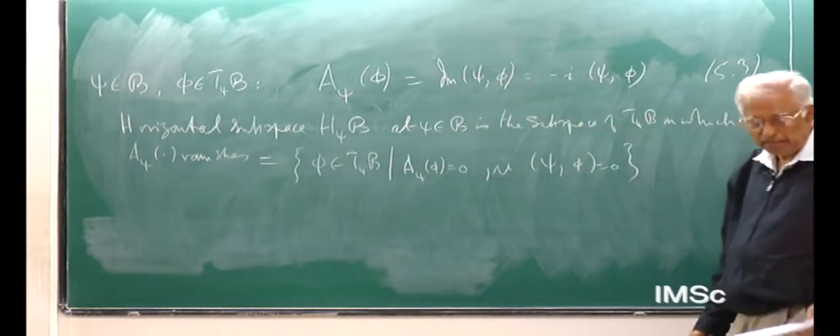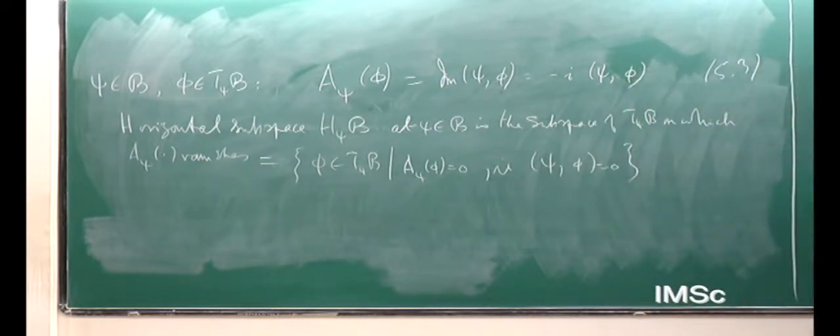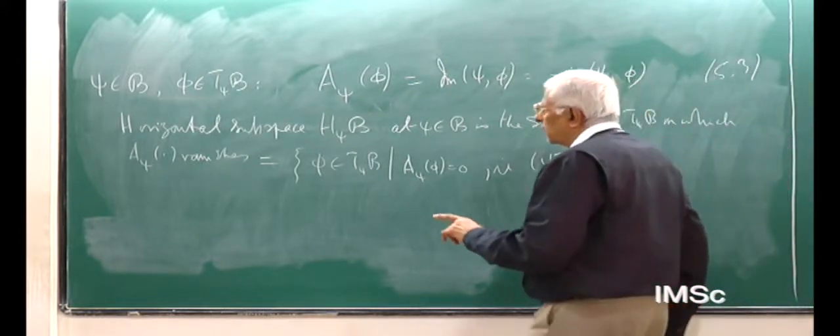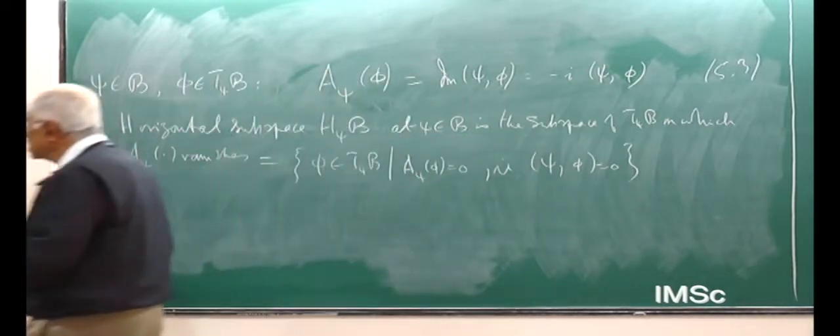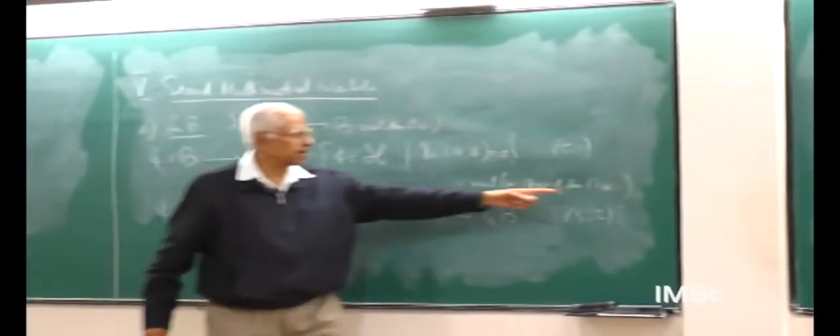As a Hilbert space vector, the horizontal subspace at each point of B consists of all vectors in Hilbert space orthogonal to psi. Okay? So what I think you should appreciate is the tangent space is a real linear vector space of this dimension.